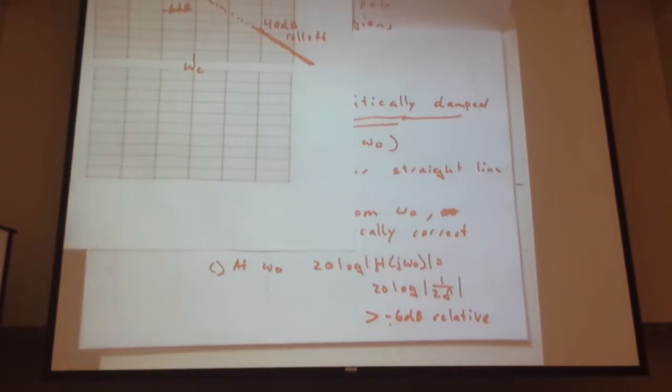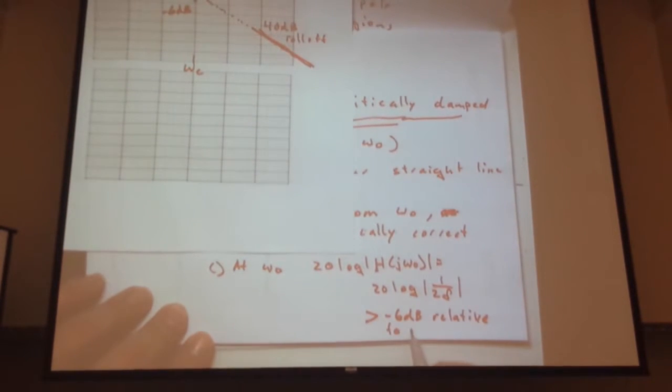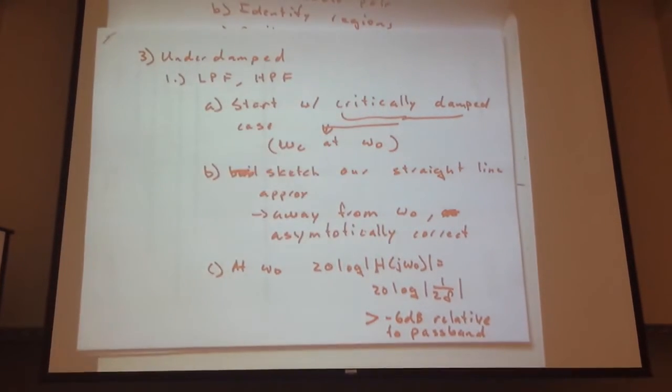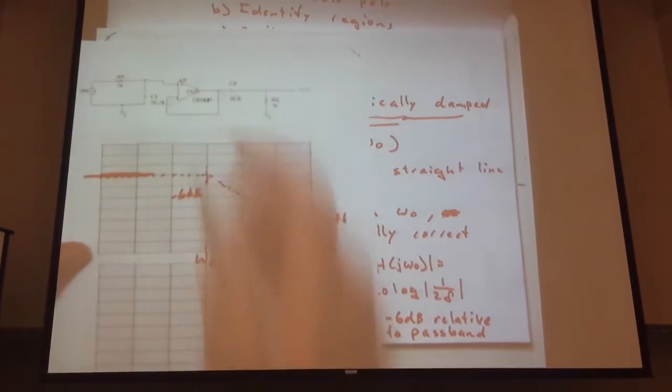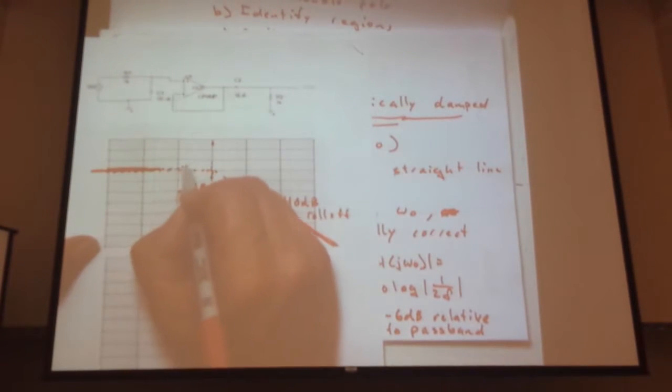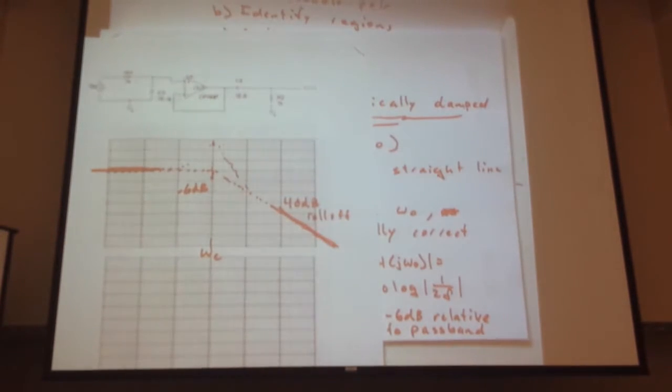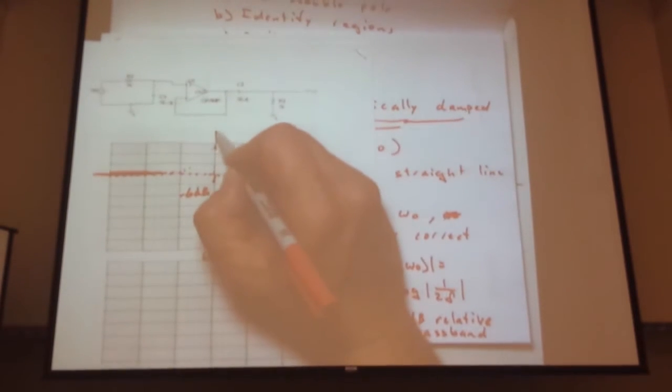Yes, 20 log 1/2 times the damping ratio, which will be greater than minus 6 dB relative to the pass band. So that's not an absolute value. That's relative to the pass band. If you're strongly underdamped, then you're going to actually wind up being way up here, and your curve will do something like this. So as you underdamp more and more, this point moves up.